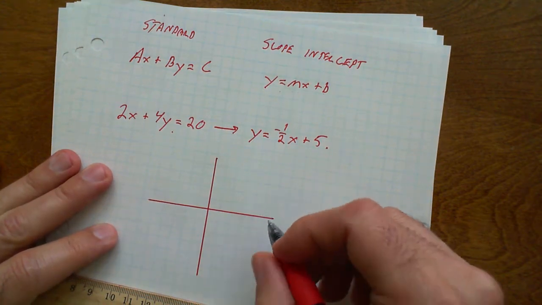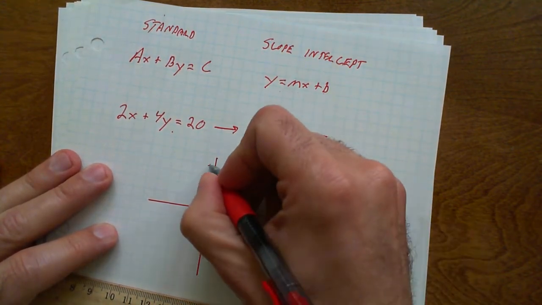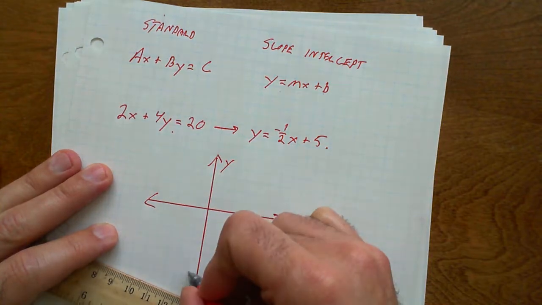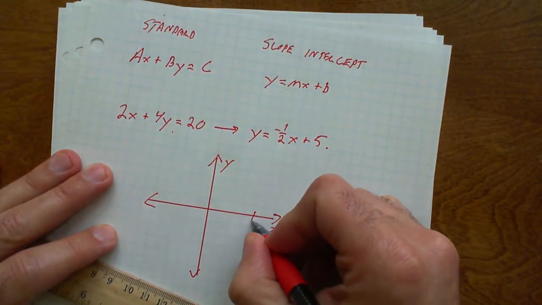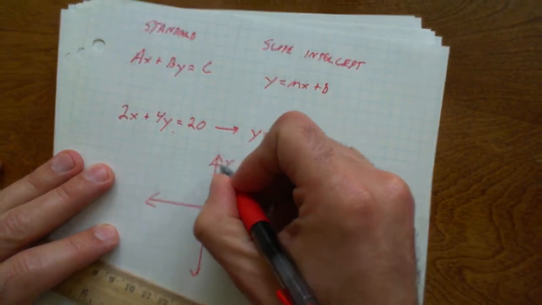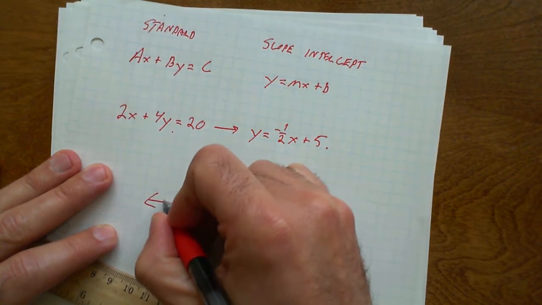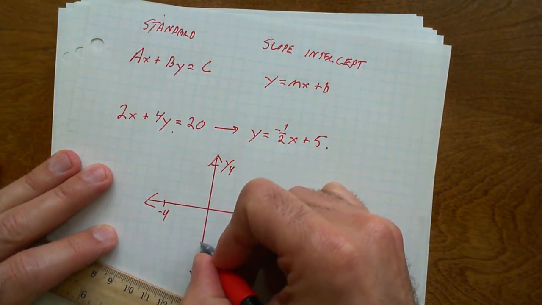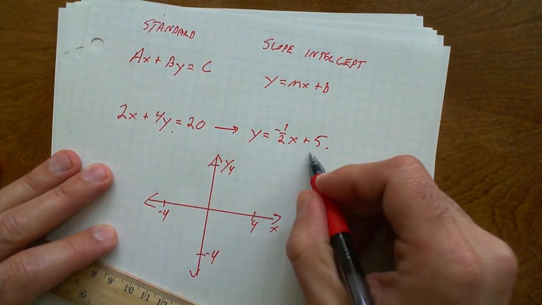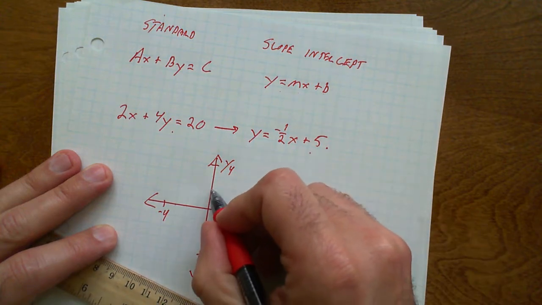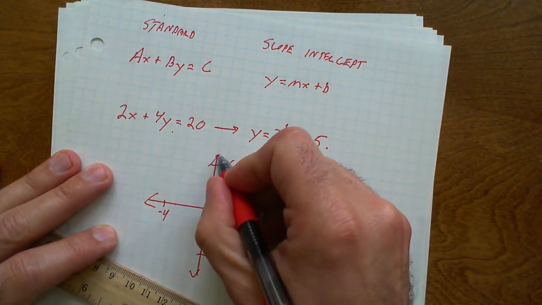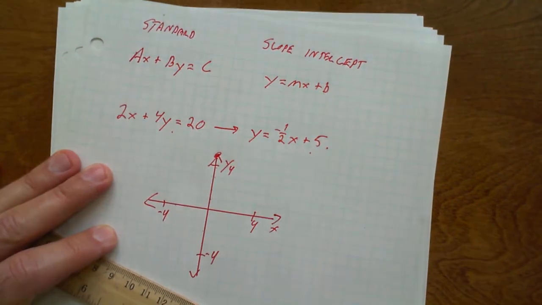So this is my x-axis, my y-axis, label 1, 2, 3, 4. Plus 5. I got 1, 2, 3, 4, 5. Sorry, gotta go all the way up there for 5.